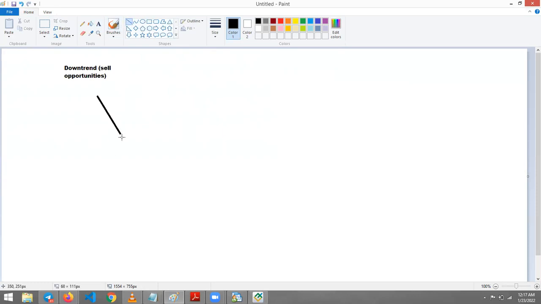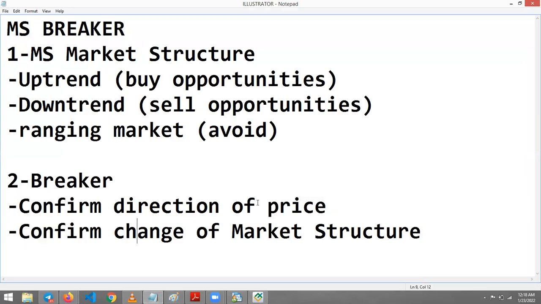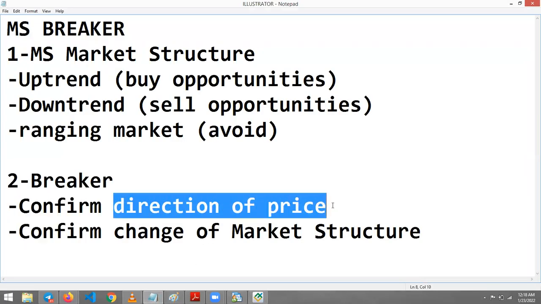So when price is forming a downtrend, forming lower lows and lower highs, each time price breaks a level, this is what we call a breaker, right? So when price breaks its level, it confirms to you the direction of price.